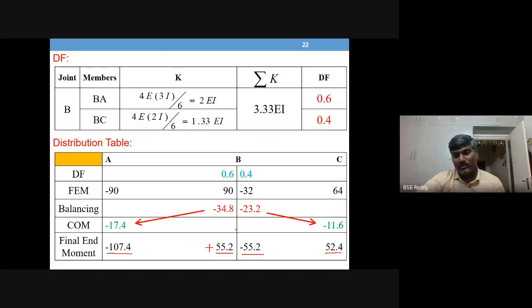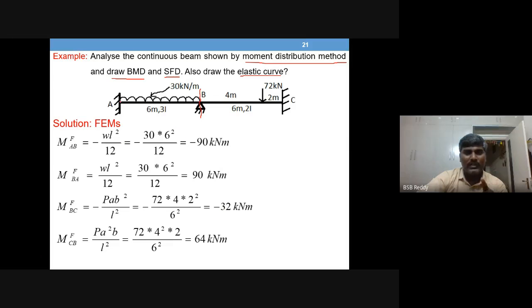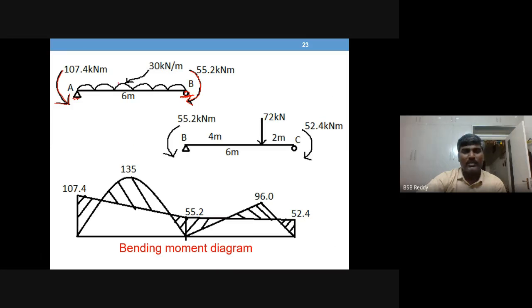By this time you should understand that the moment distribution method is used for getting end moments. What is next? The other load you have is a UDL of 30 kilonewton per meter on AB, so that is also drawn here. So this is the AB simply supported beam with end moments and load.